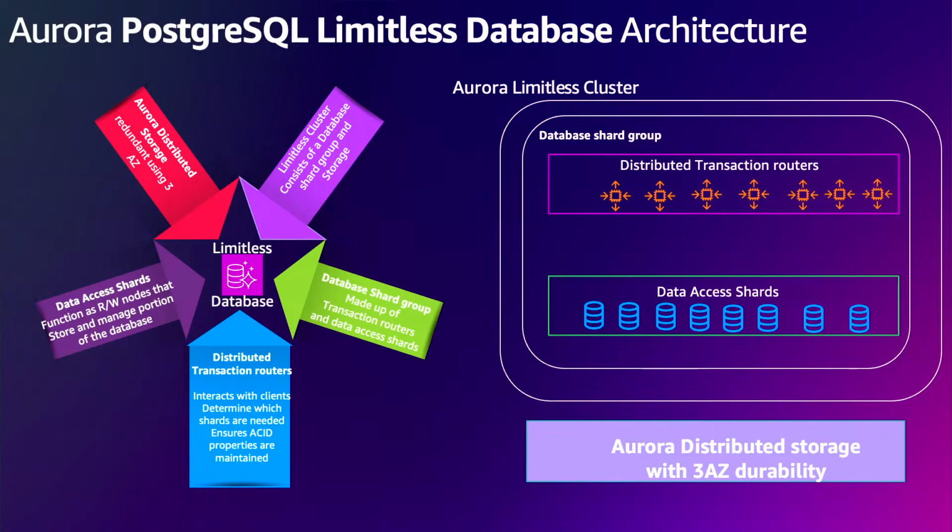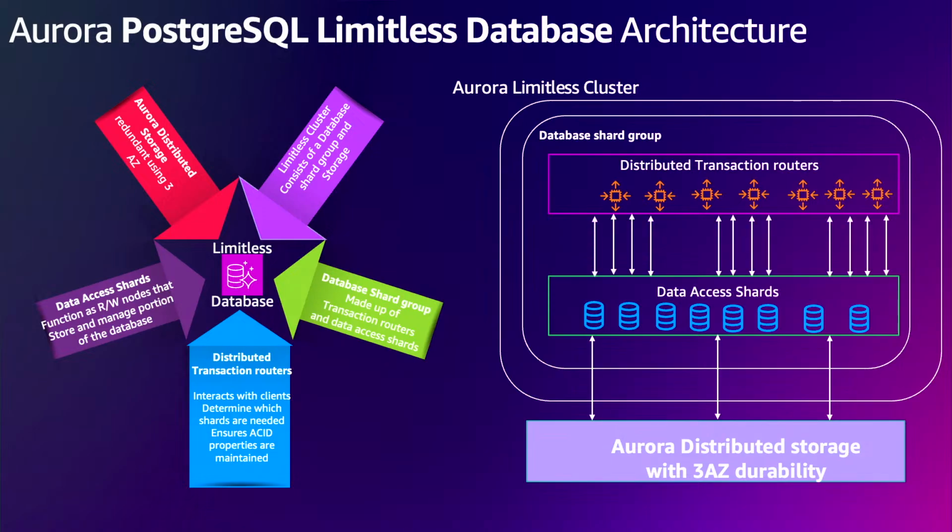So this is the Limitless architecture. Now, the shards are dependent on the storage, and any queries coming in are forwarded to the routers, and from the routers it goes to the shard. So there are those nice clients accessing the Limitless database.